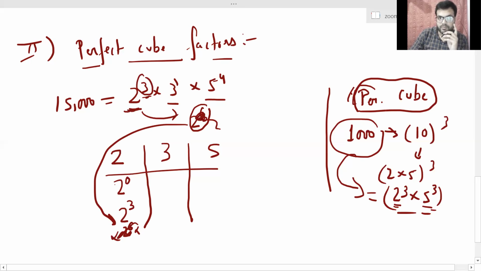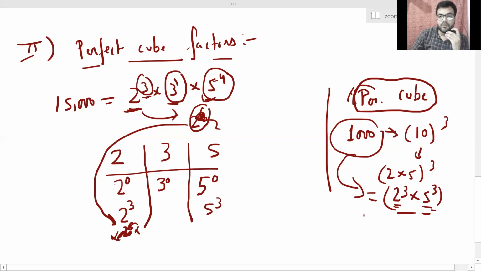Now for 3 we will take only 3 raised to the power 0. We cannot take 3 cube because the maximum power of 3 is 1 in the format. For the 5 to the power 4, we will be taking 5 to the power 0 and 5 cube. That's it. We cannot take 5 to the power 6, because the maximum power of 5 is what? It is 4 in this format.